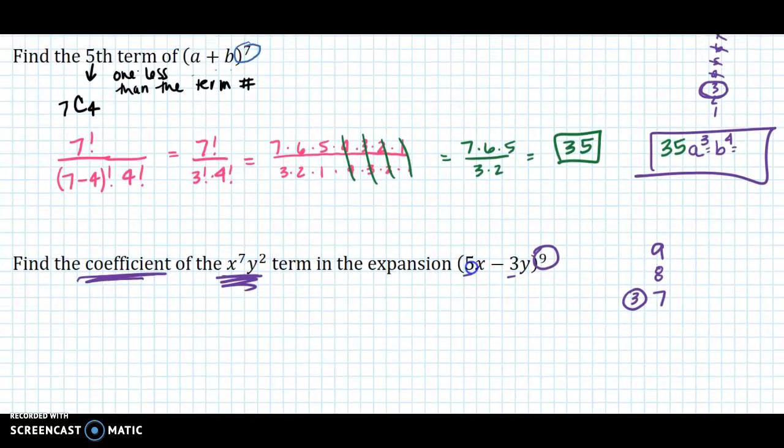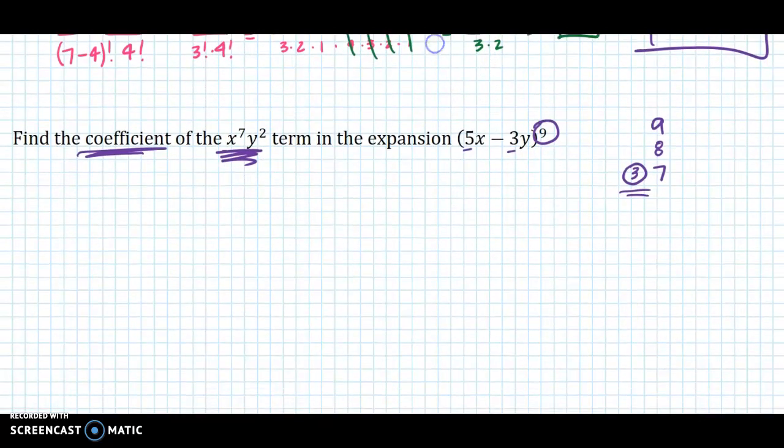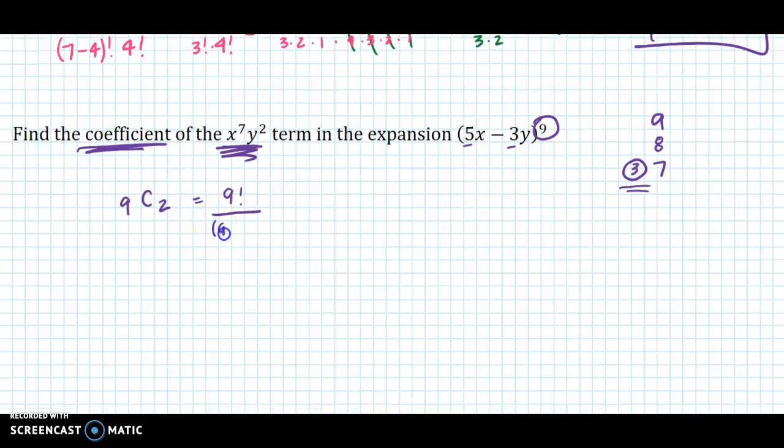And remember, when we did the previous example, if we know we're on the third term, we choose 1 less than what it is, because we always start on 0. So we are doing 9 choose 2, which is 9 exclamation point over 9 minus 2 exclamation point and 2 exclamation point. And this is 9 exclamation point over 7 exclamation point and then 2 exclamation point.